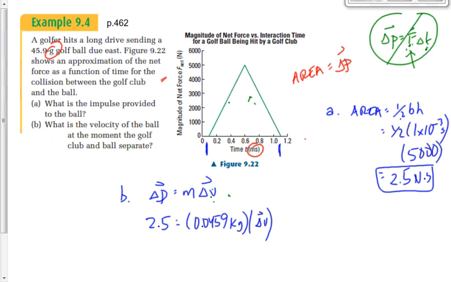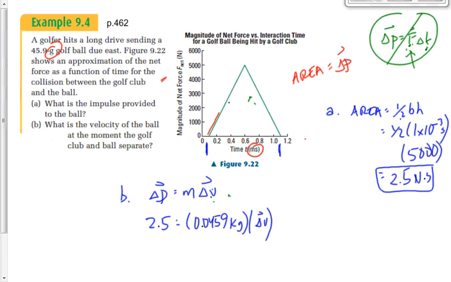Let me trace this graph over, and I want you to say stop. When I say yell, yell it. Yell stop when the ball and the club separate. I'm going to trace it over with a red pen here, and I want you to yell stop when the ball and the club separate on this graph.